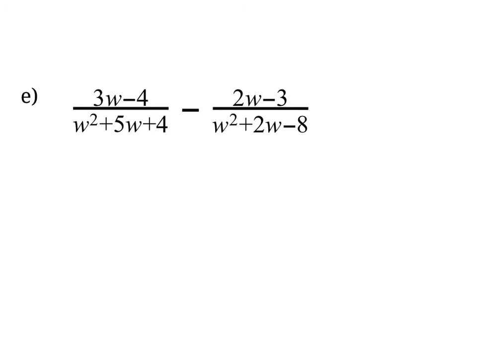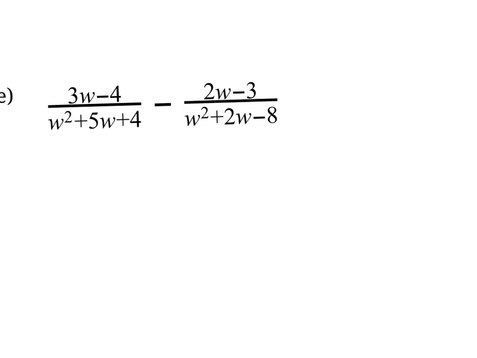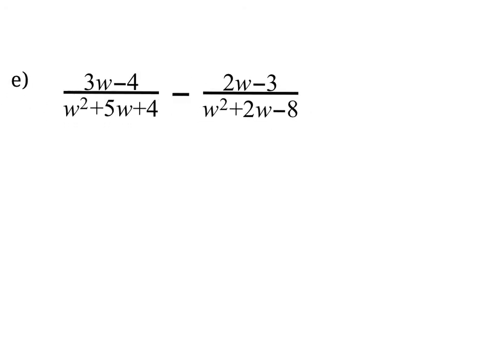A key part in adding and subtracting rational expressions, just like when we're multiplying and dividing, is that we have to make sure everything's factored first. Most of the ones we've done so far have been factored, so it's been easier. So we have to factor each of these separately. This first guy, we've got w squared plus 5w plus 4.